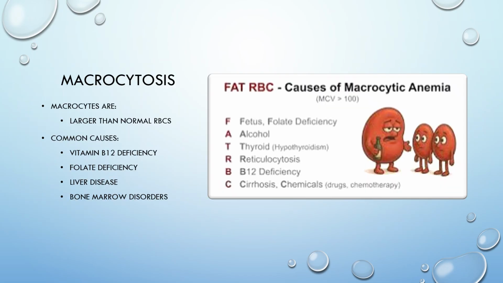Now let's move to the opposite end of the red blood cell size spectrum, macrocytosis. Macrocytes are red blood cells that are larger than normal, and this corresponds to an MCV greater than about 100 femtoliters. When we see macrocytosis, it usually suggests that something has interfered with the normal maturation process of erythroid precursors in the bone marrow.